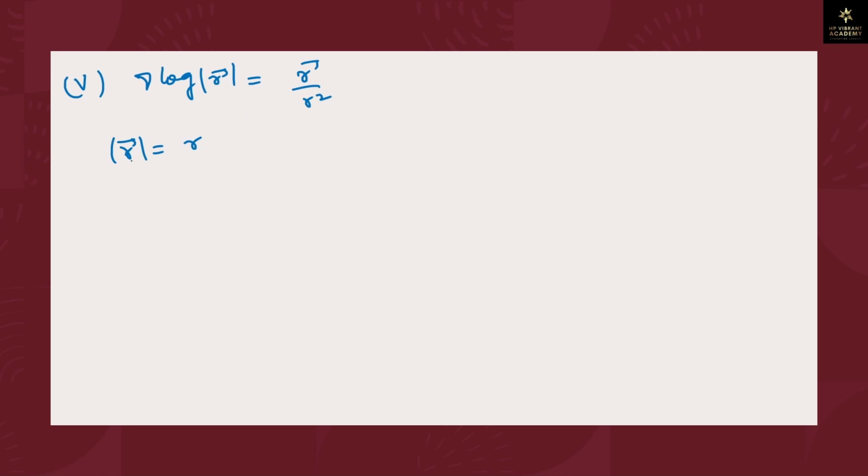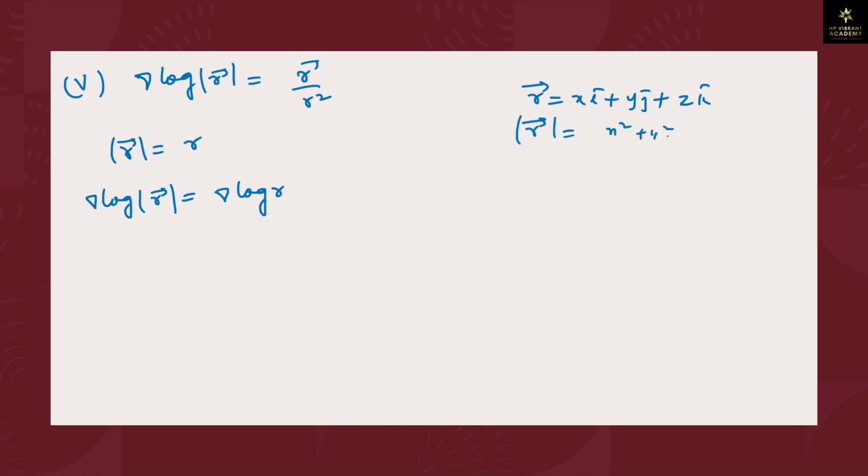So del of log of modulus of r is equal to del of log r. Let us consider the r vector as x i cap plus y j cap plus z k cap. So modulus of r is equal to under root of x square plus y square plus z square. So this is under root of r square, which is equal to r.